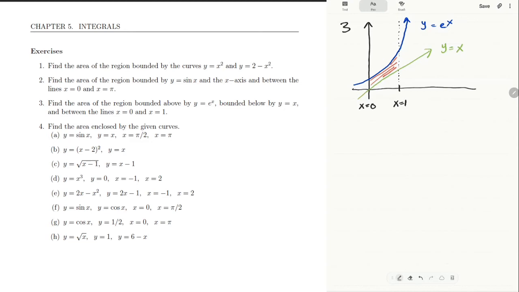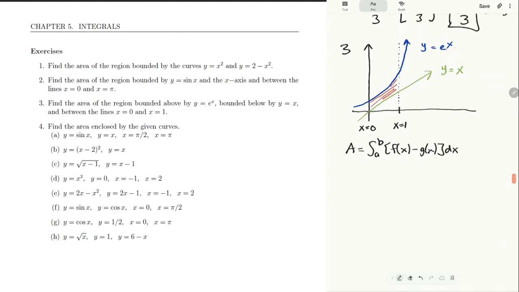And so to determine the area, we need to determine our limits of integration, as well as the functions f of x and g of x. So the upper function is going to be the exponential. So this is what we will call f of x.